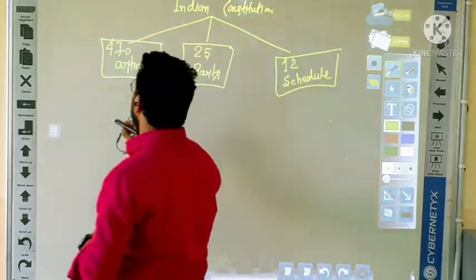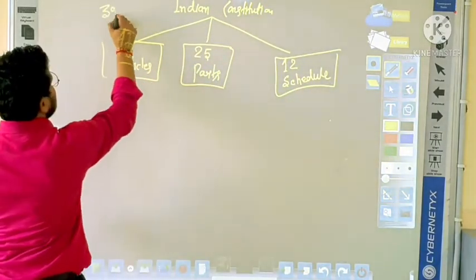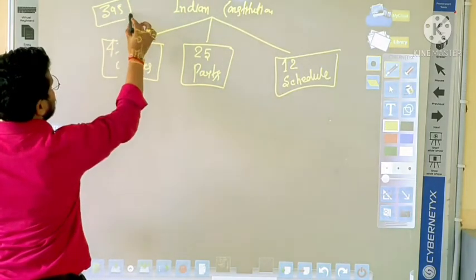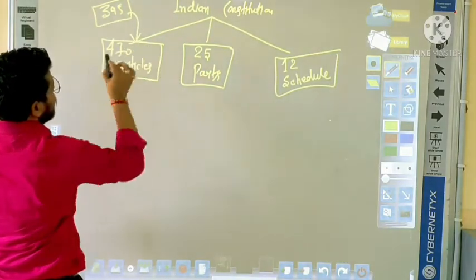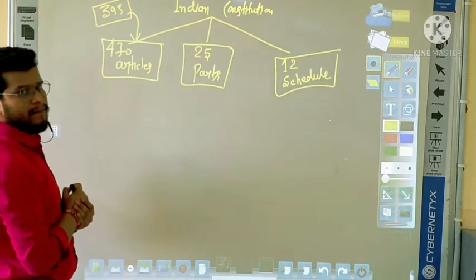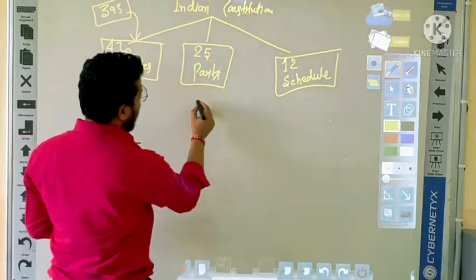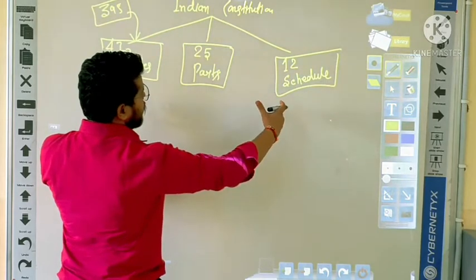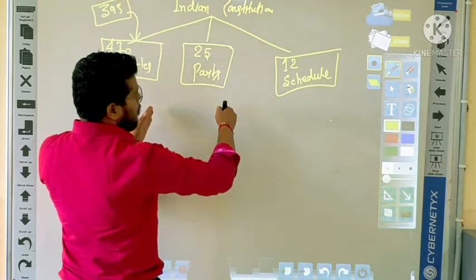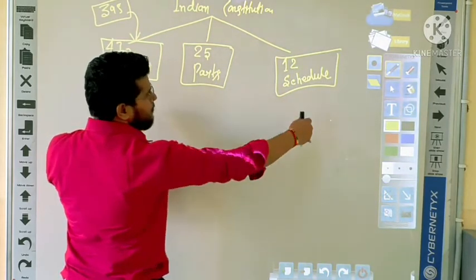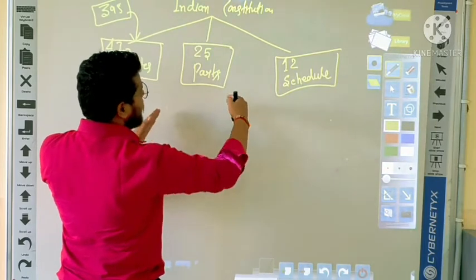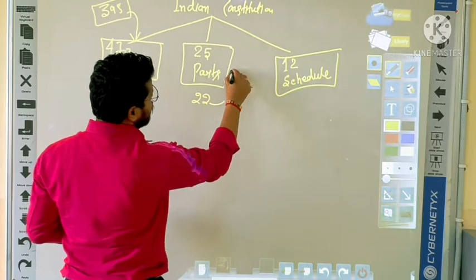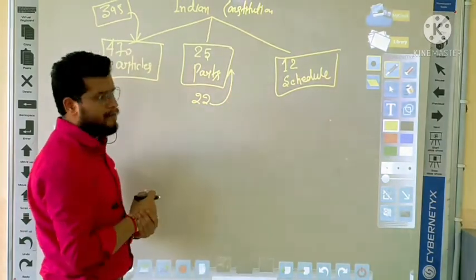See here, our articles increased from 395 to 470. Because our articles increased, we also had to increase the number of parts under which they come, so it rose from 22 to 25.